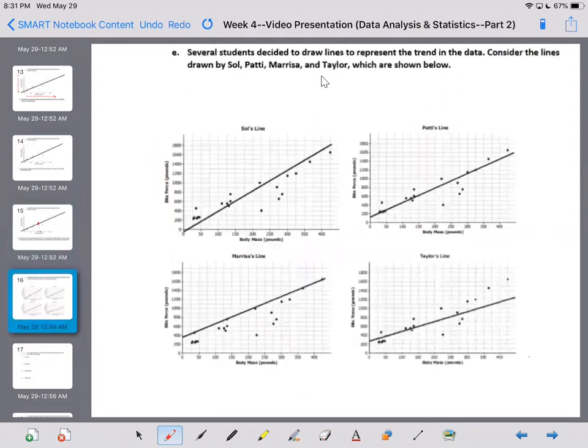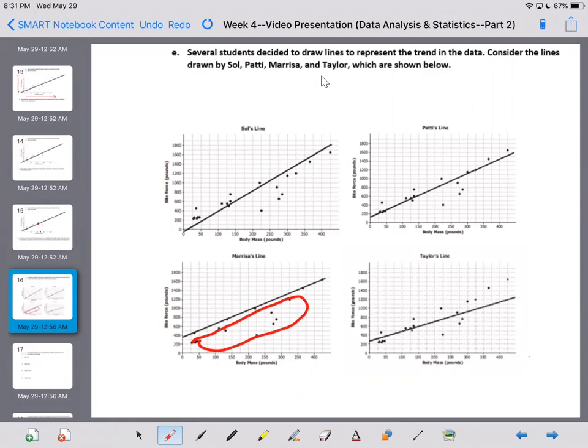And then we have students that decided to draw lines of best fit. And so we've got Soul's and Patty's and Marissa's and Taylor's. Marissa left a lot of the data underneath her line, so she didn't really go through very many of the points.